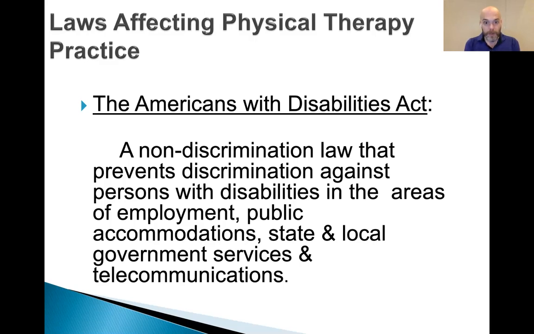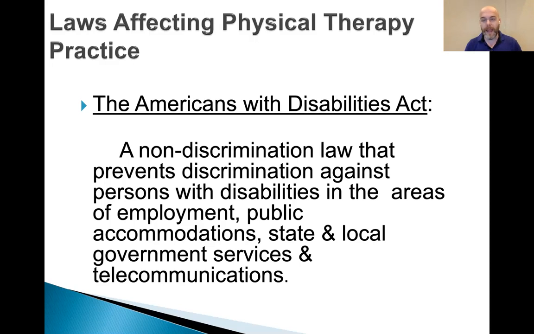What else could we talk about here? I said public accommodations. Hotels have to have certain percentages of their rooms that they build that are wheelchair and handicap accessible. From inception of the building, from when they start drawing the plans. Now, this is after the Americans with Disabilities Act was enacted.